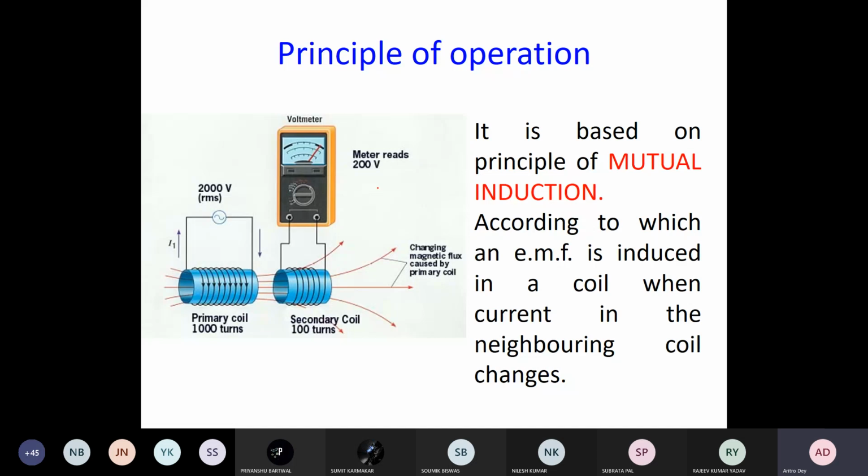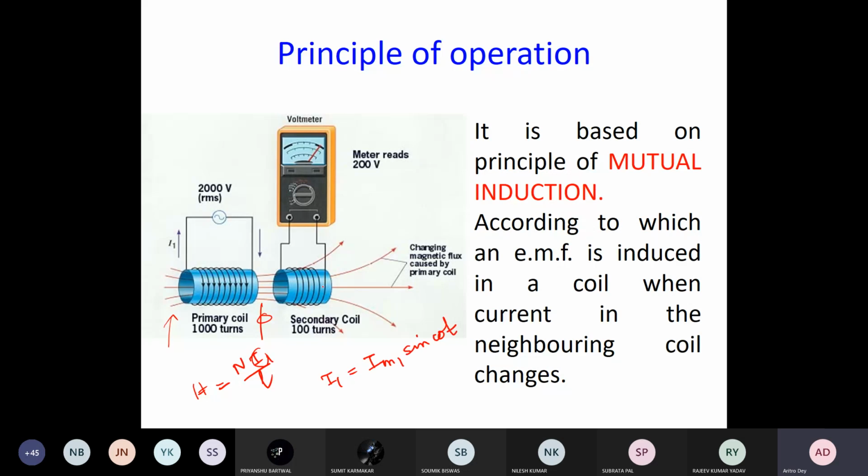H is proportional to N into I by L, isn't it? This is your field intensity, which depends on the current I1, and I1 is Im1 sine omega t.